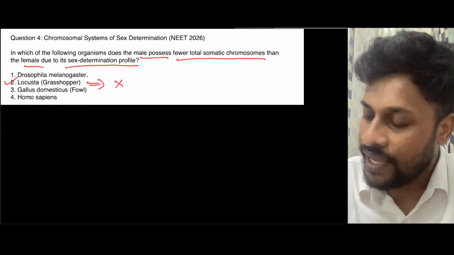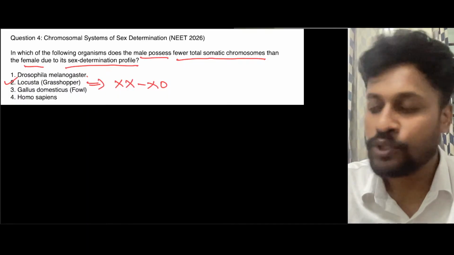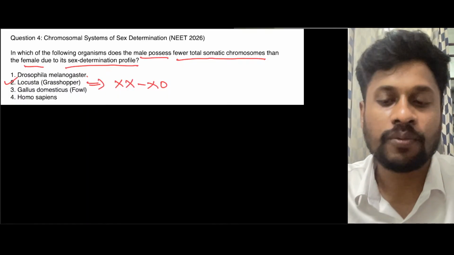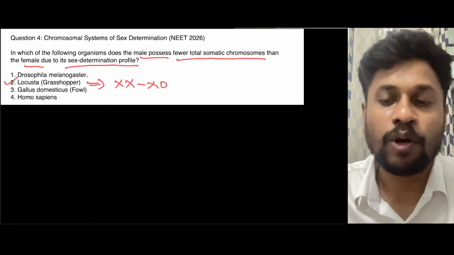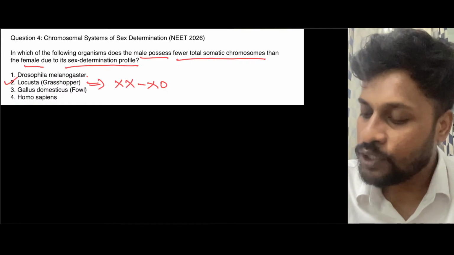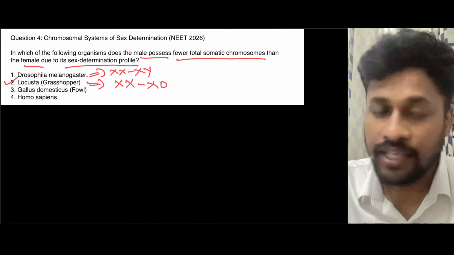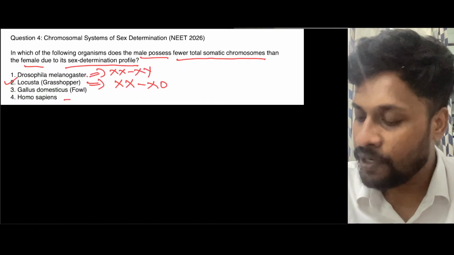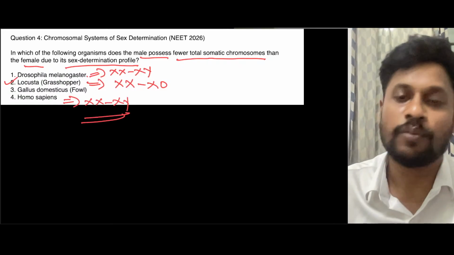Because they show XX, XO type. Female have two X chromosomes, but male have only one, right? So there is a difference in number of chromosomes between male and female. In case of Drosophila melanogaster, they show XX-XY, which means there is no change in number of chromosomes. Even Homo sapiens the same, XX-XY. There is no change in number of chromosomes, right?